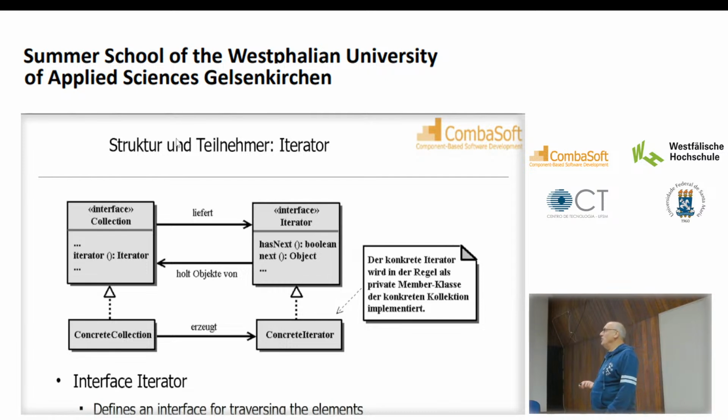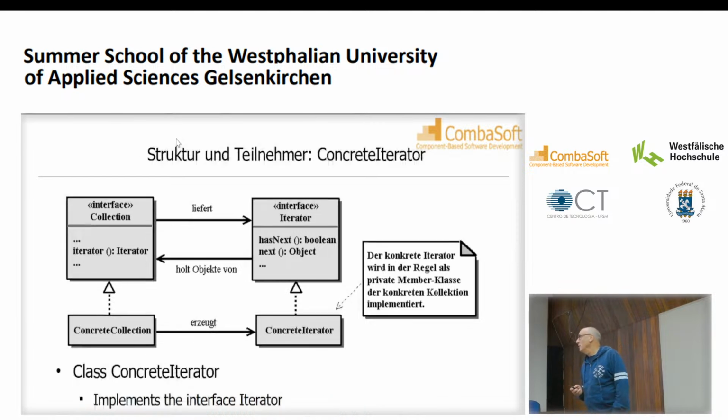So, the interface iterator defines this interface for traversing the elements of the collection. The concrete iterator, because this is an interface, has to implement these two methods. So maybe we have different concrete implementations for a set, a list, an array, or whatever you have, but because you're using the interface as a programmer, it doesn't matter what implementation is behind.